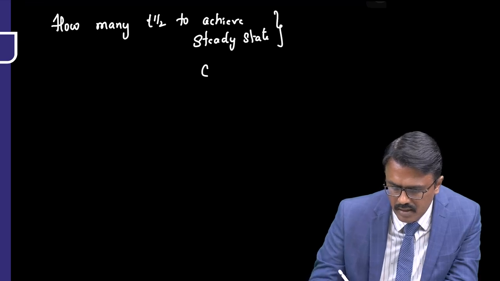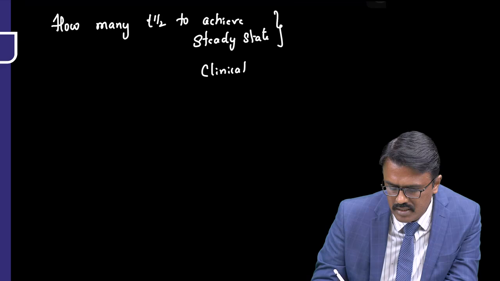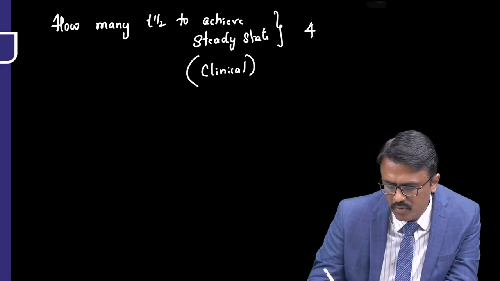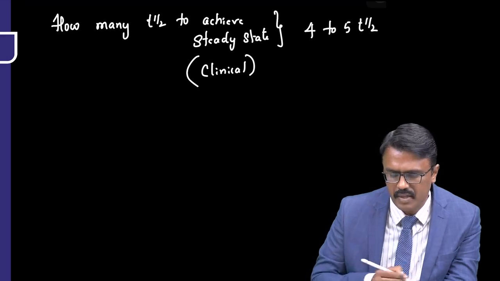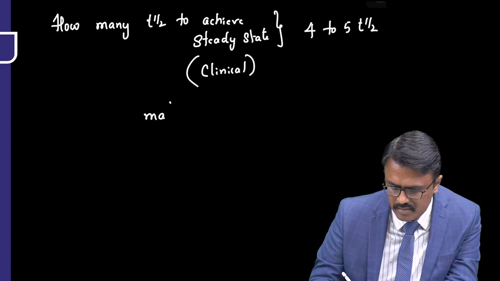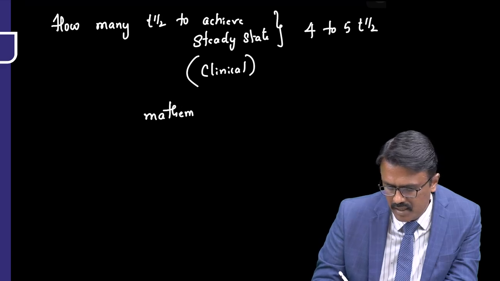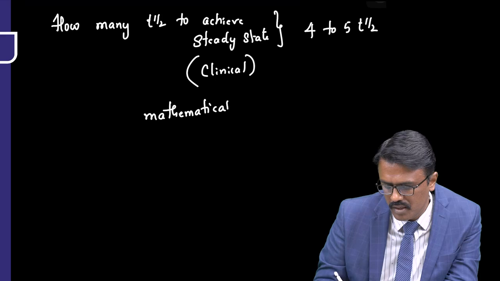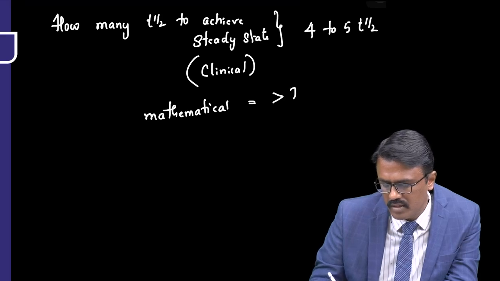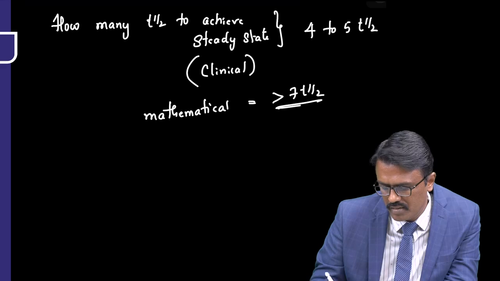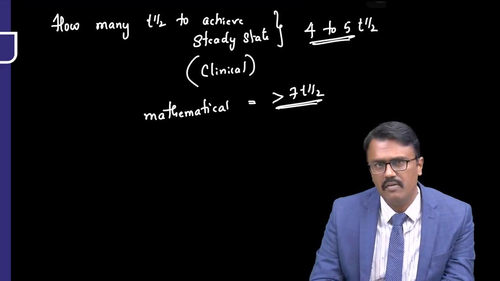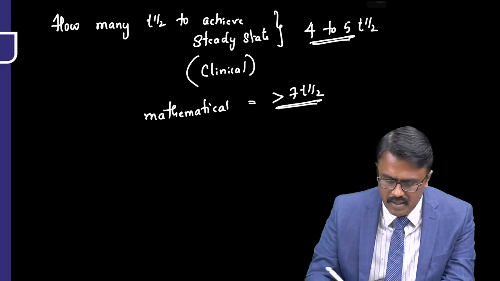So clinical steady state, how much you require is around 4 to 5 half-lives. Okay. Mathematical steady state, mathematically exactly you want between 100 to 100, it requires more than 7 half-lives, which we don't want. We want a clinical one, a practical one.